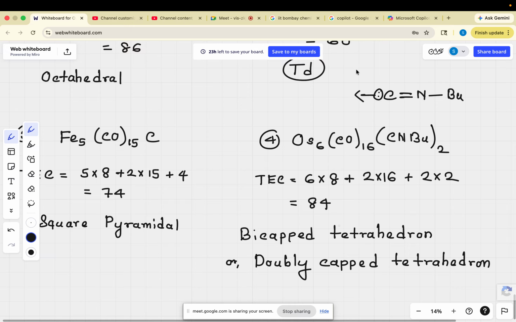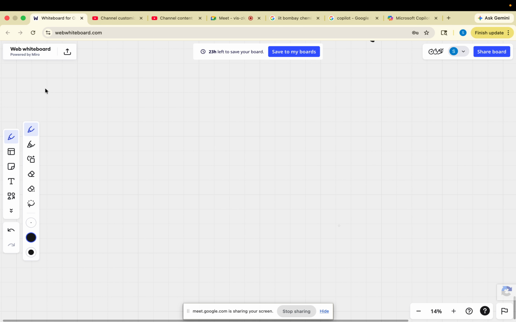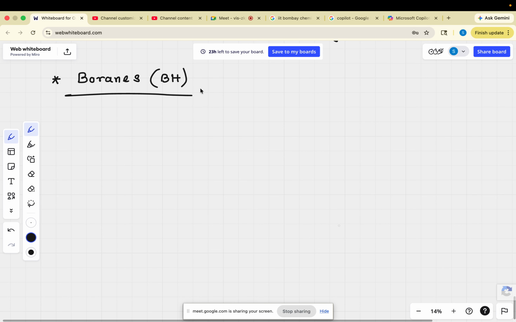Okay, fine. So another thing I am just starting. Next you will have boranes. So boranes means basically the compounds which are formed by only boron and hydrogen.